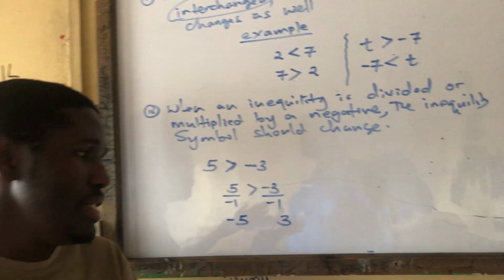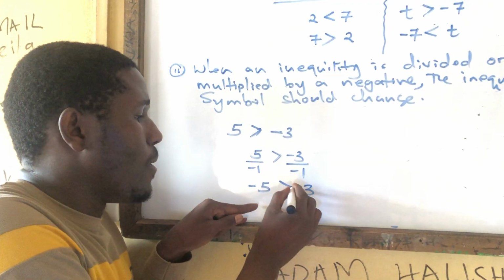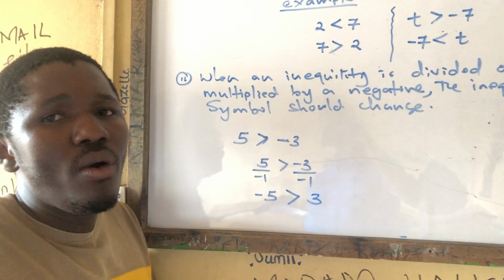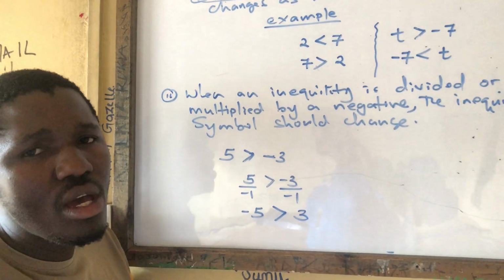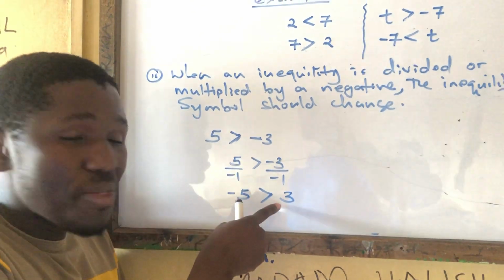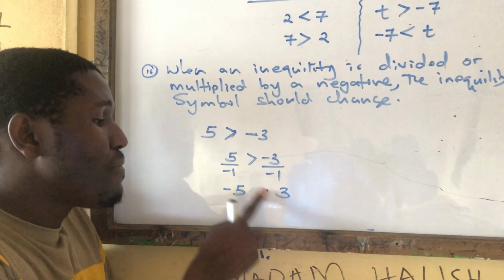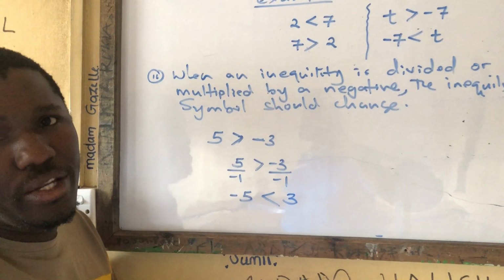Agree with me that retaining this symbol will result in a false inequality because negative 5 can never be greater than 3. Negative 5 instead should be less than 3.